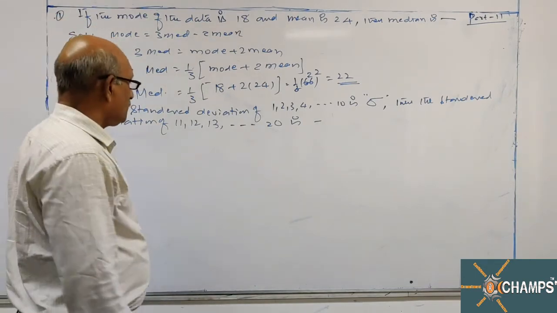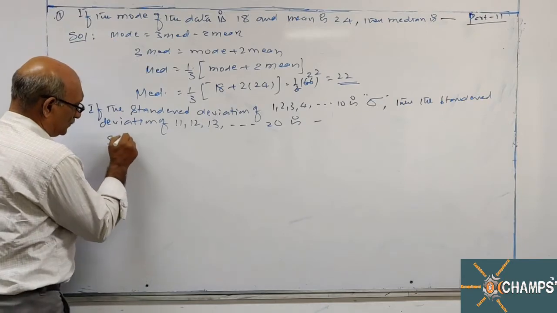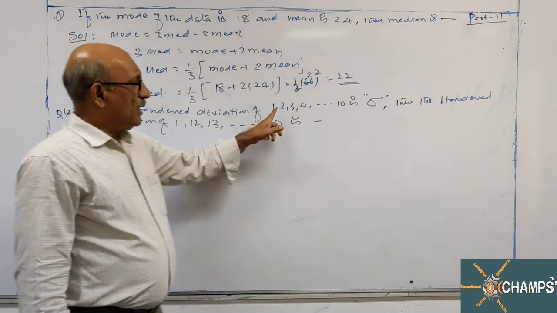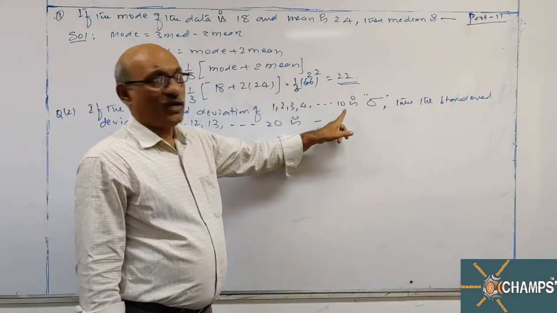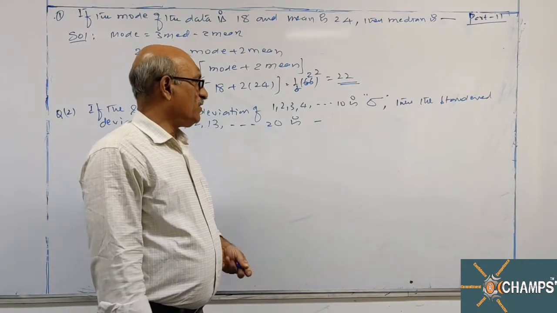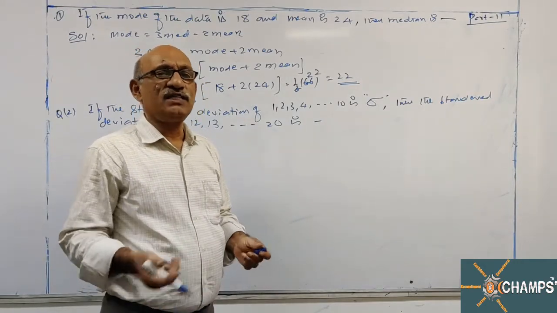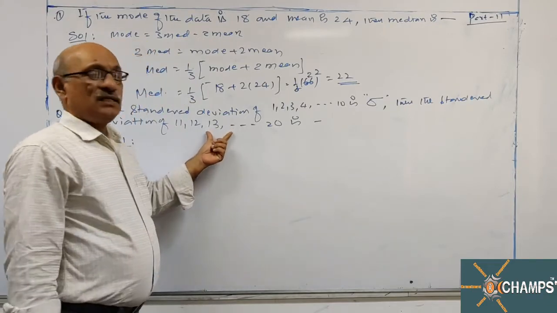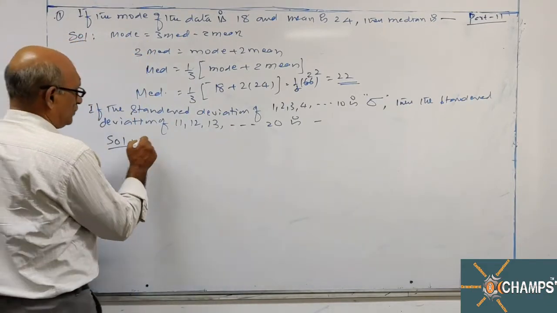Look at this question. Given observations 1, 2, 3, 4, etc. 10. To the given set of observations, when a constant 10 is added, second series is obtained.